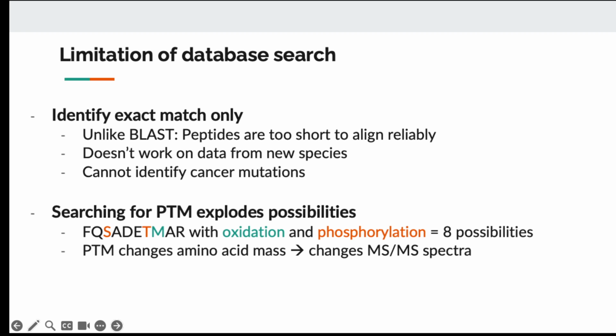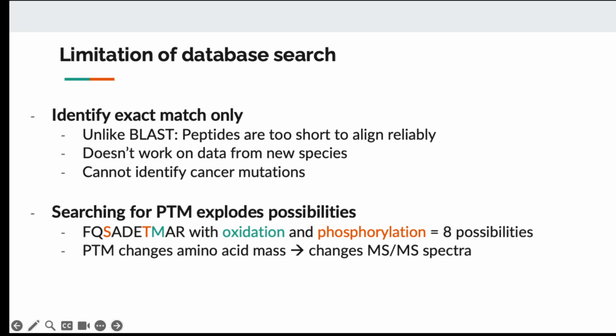Another headache is the search for post-translational modification. Because for each protein and peptide, not all of them are modified. So let's say you have this peptide in your sample, and you want to consider if this peptide can be modified, and you allow for oxidation of methionine and phosphorylation of serine and threonine. Because each peptide might be oxidized but not phosphorylated, or phosphorylated but not oxidized, or phosphorylated at both sites, or phosphorylated at one of the sites.